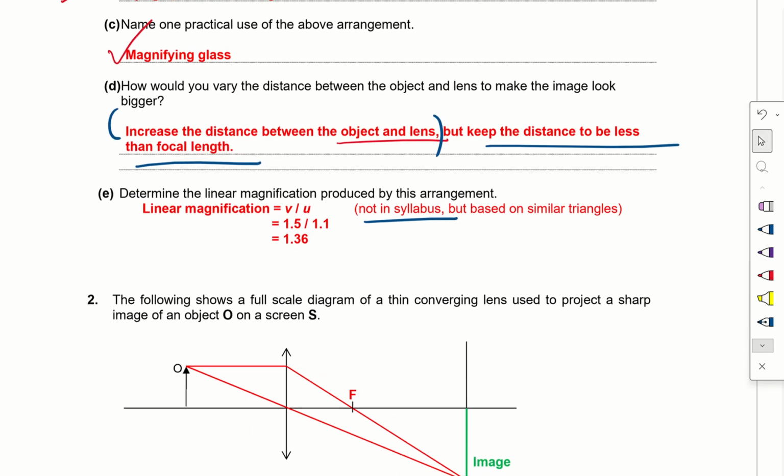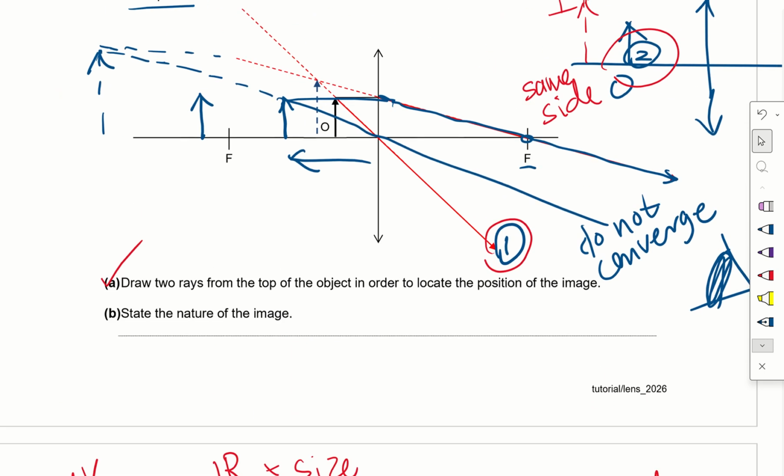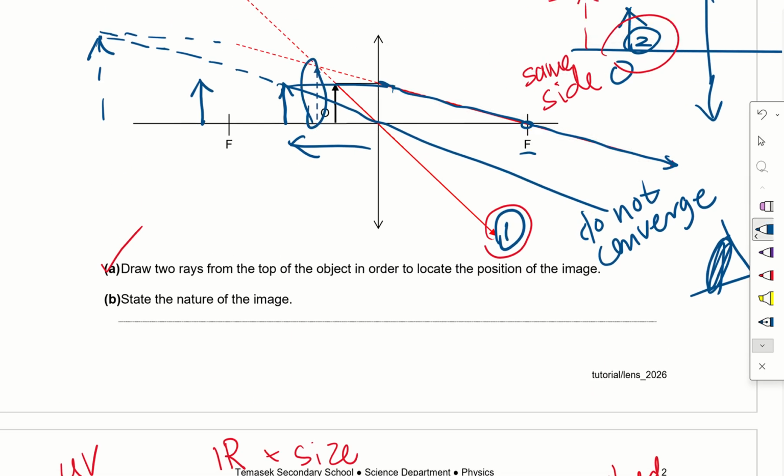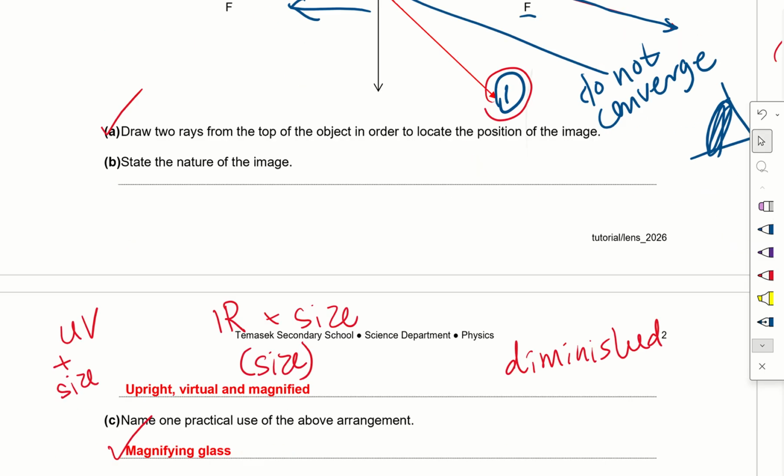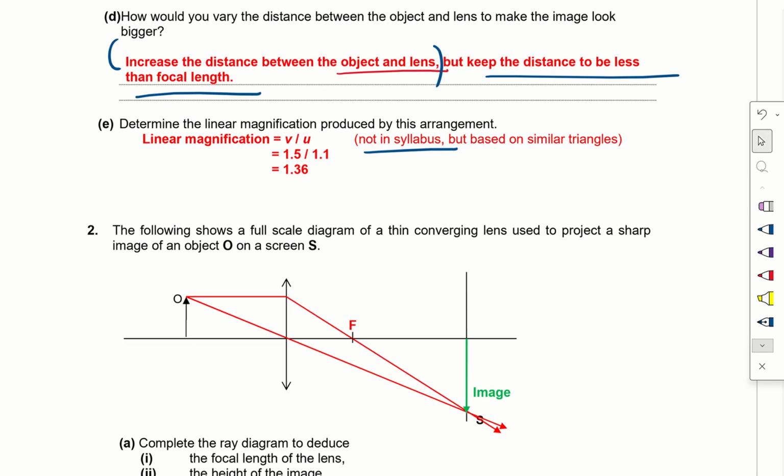Okay, so the linear magnification is actually you can measure the height of your image over the height of original. Height of image over height of object.